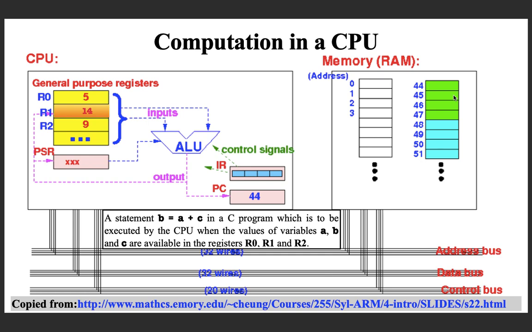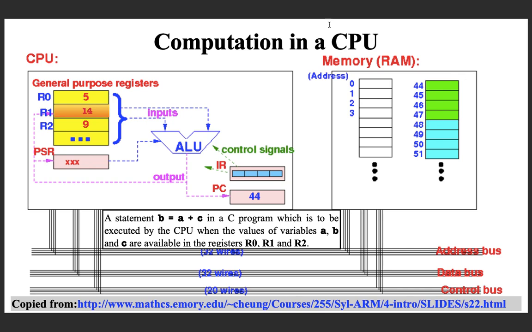So far in this course, whenever we discussed memory addresses, we were looking at these addresses in the RAM, in the memory. Okay, suppose the binary instruction corresponding to this statement is stored at address 44.